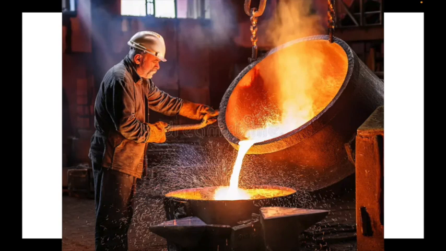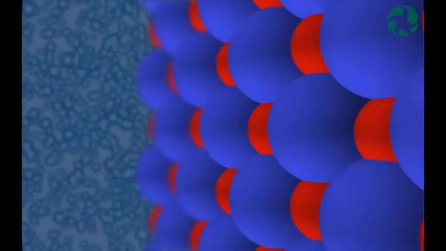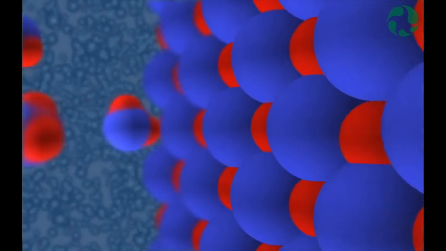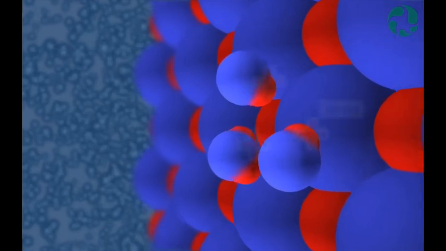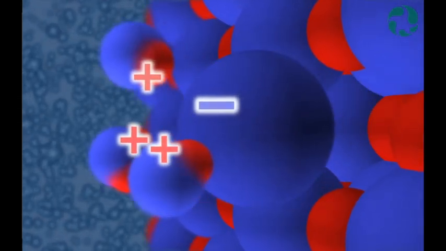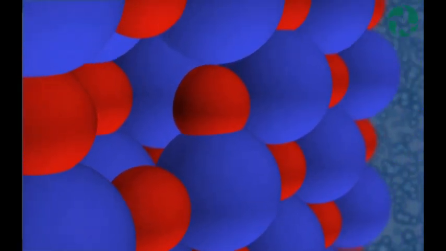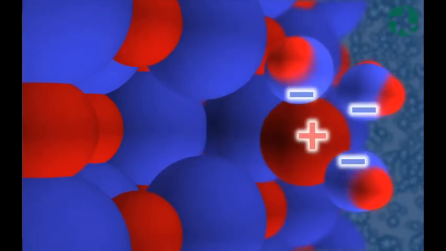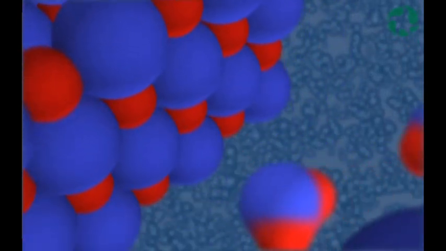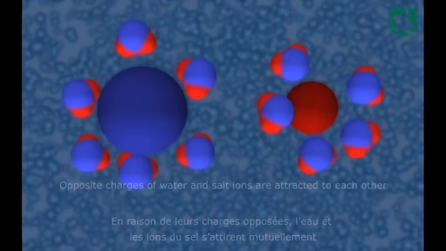Now, another interesting property of ionic compounds is dissolving. When you put salt into water, water molecules, being polar, pull the sodium and chlorine ions apart. Each water molecule has a positive side and a negative side. The negative side of water attracts the positive sodium ions, and the positive side of the water attracts the negative chlorine ions.